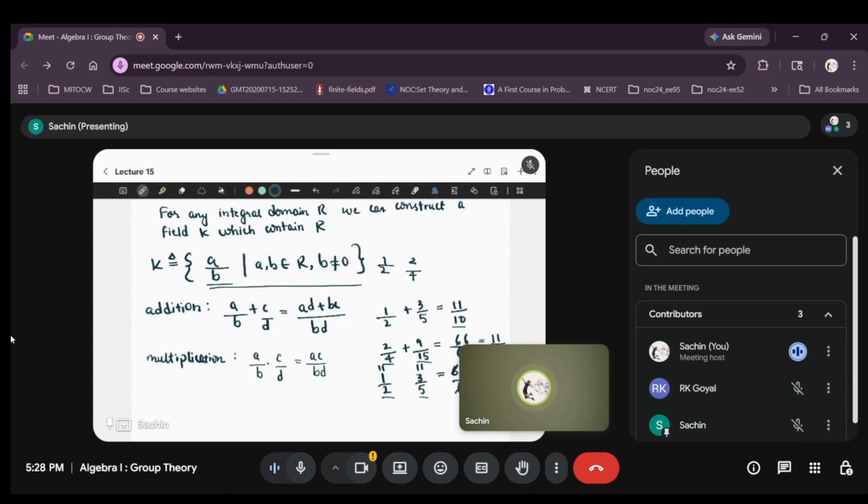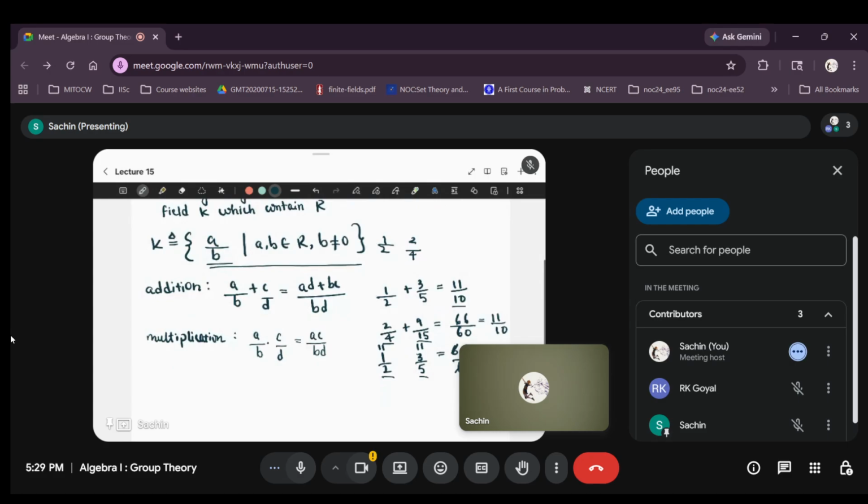So that is okay when it comes to numbers, but here, with the definition I gave for K and with addition and multiplication, nowhere do I say this type of thing is possible, that if A and B are different, they can still be the same element. Something like half is the same as 2 by 4. I need that kind of notion also if I want to do this.